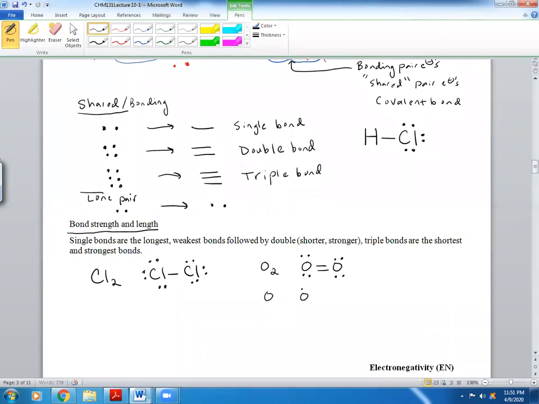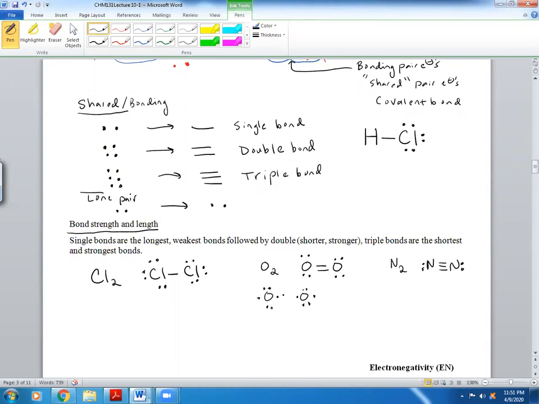O is each with a 6. The only way, okay, they can share one pair, but that would make it 7. So they would have to share the other pair, and that would make it 8. So here's your double bond. And then finally, N2, nitrogen, is a triple bond. Once again, verify that. You'll see that you're going to need to form a triple bond.